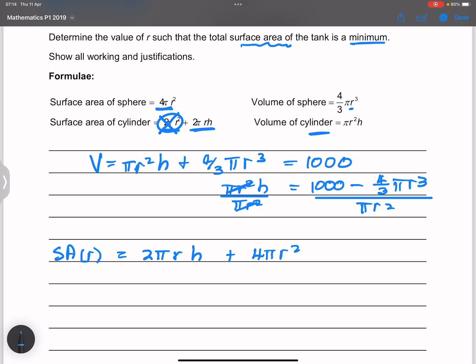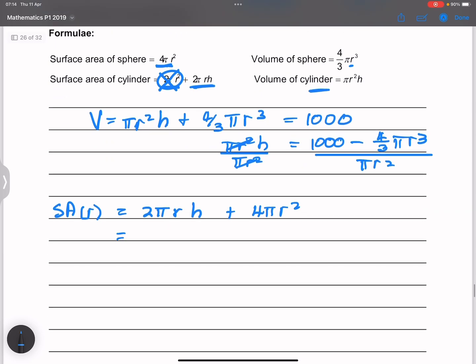All right, so let's try to get rid of that h there. Remember we had 1000 minus 4 over 3 pi r cubed divided by pi r squared.